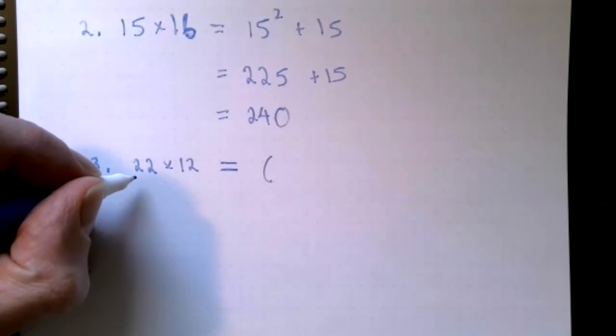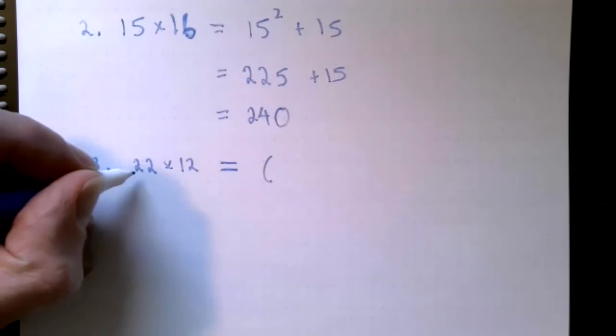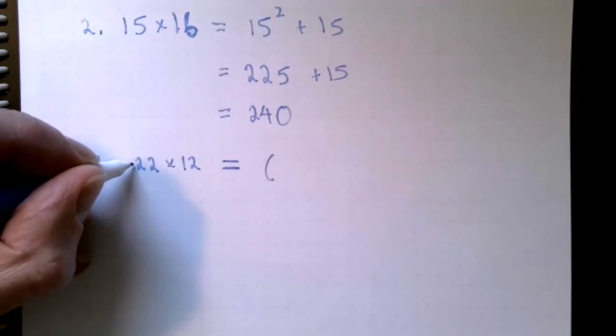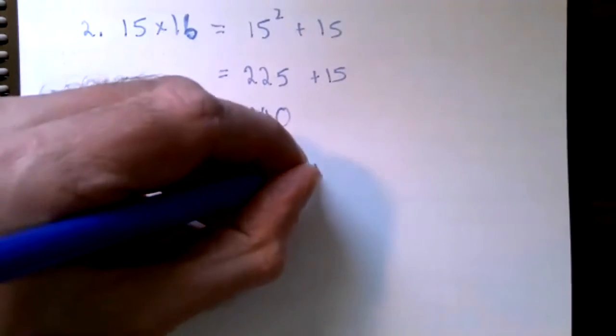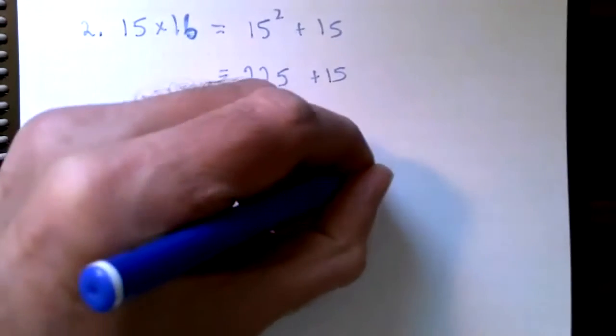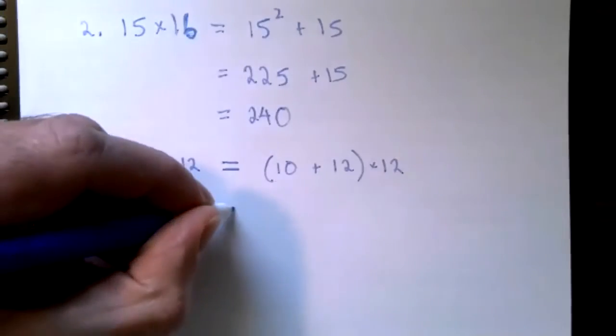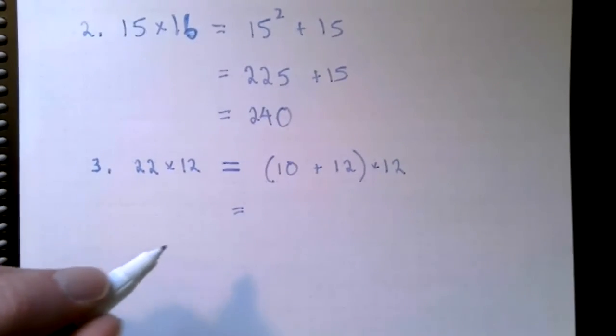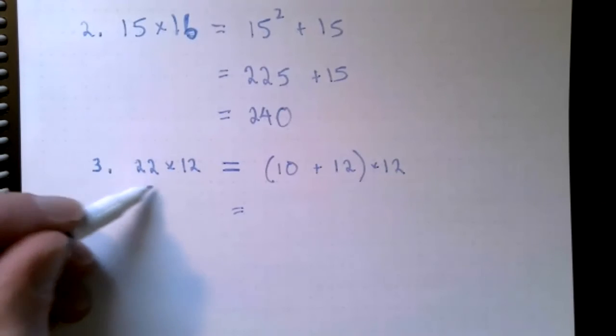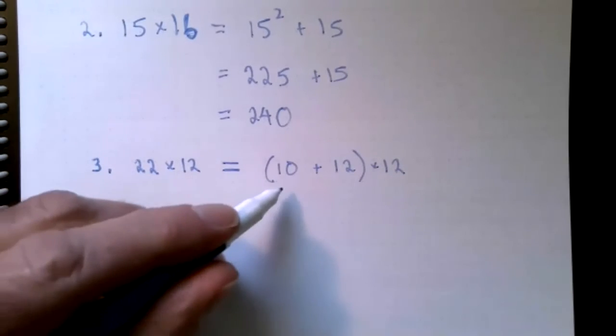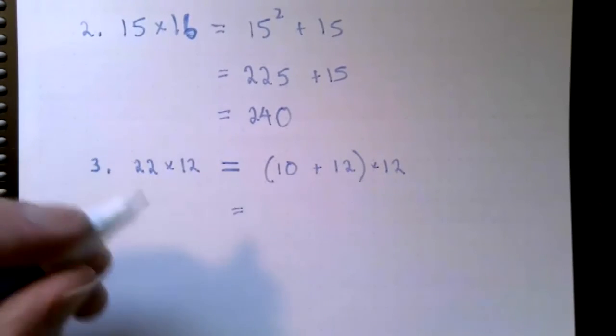There's a couple of ways to think about it. There's a couple of ways to think about 22. I'm thinking about it this way for this problem. Okay, so instead of viewing this as just a 22, I got 10 and then 12 more.